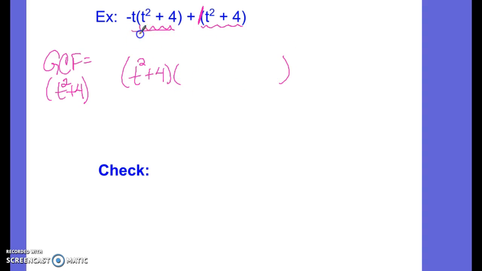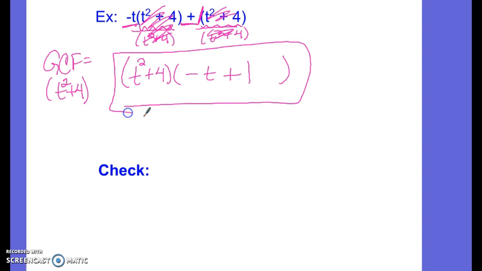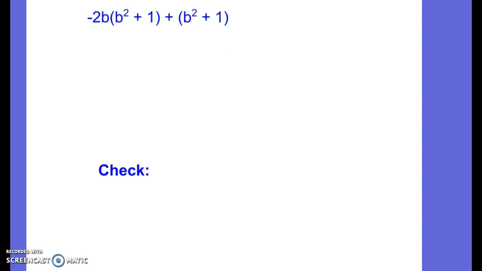If I divide by t squared plus 4, divide by t squared plus 4, they cancel, and you can literally see negative t plus 1. Now, for time's sake, we're not going to go through the check on that one, but it does, in fact, work. This last one, again, I want you to try.